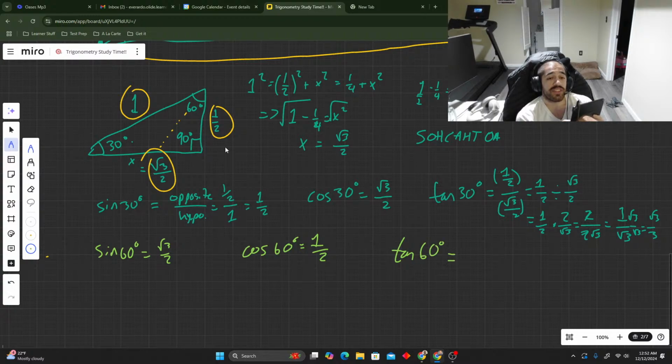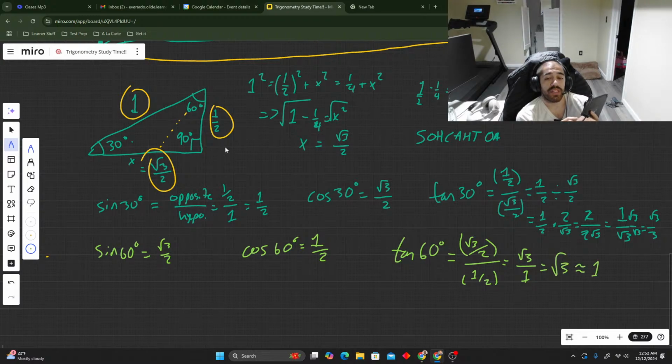So with the tangent of 60, we do opposite over adjacent. So I'm going to skip the work, but I challenge you to do the same thing here. Get used to those fractions, dividing fractions. It's going to be helpful, okay? It's the square root of 3, okay?